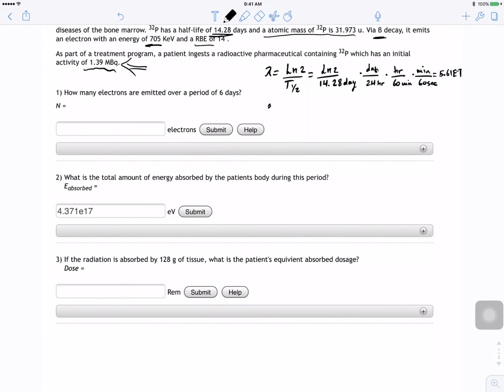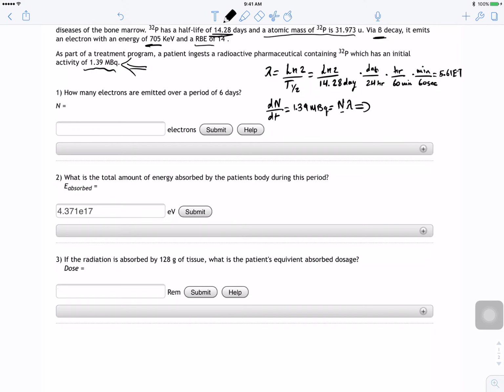Then we go to the fact that dN divided by dt, which is 1.39 mega BQ, is equal to N times the decay constant.